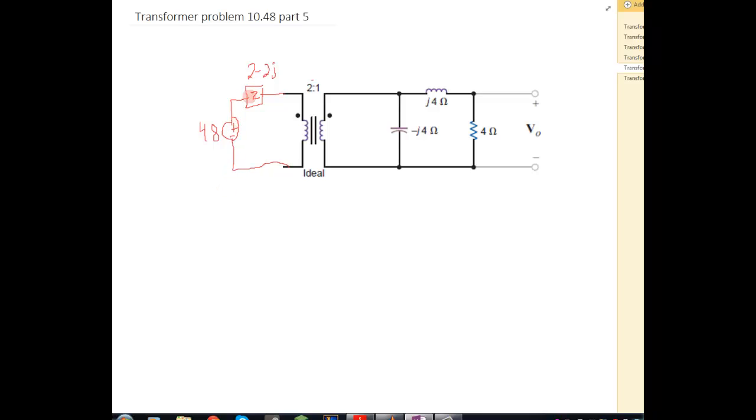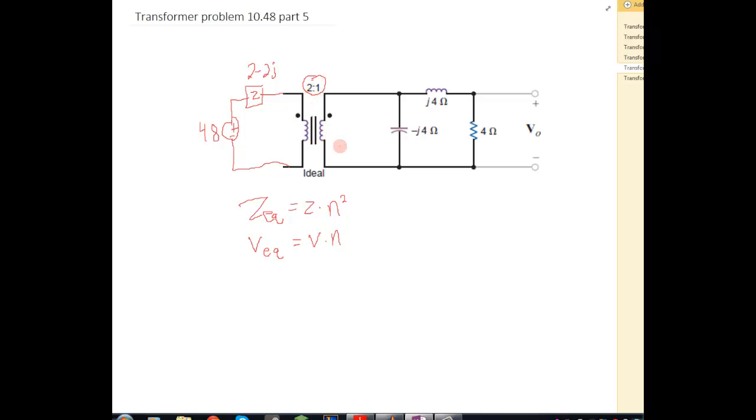So to bring the Thevenin equivalent circuit into our circuit going this way, the equivalent impedance is going to be our impedance times n squared, and our voltage is going to be V times n, and n has to do with this ratio right here.